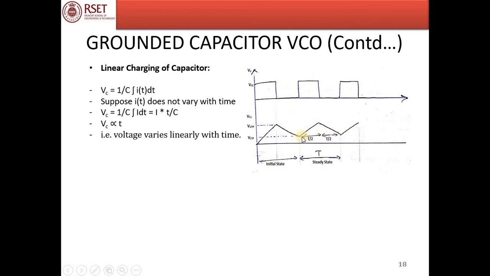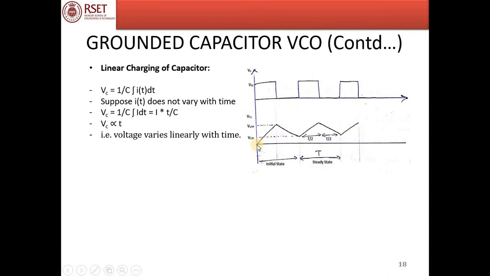And the capacitor, as I said, charges linearly and discharges linearly because the current source is constant. So we have got a triangular waveform as the capacitor output. And we said that since I1 and I2 is equal, the charging time and the discharging time is same, that is, it is equal to T by 2. So we get a triangular waveform.